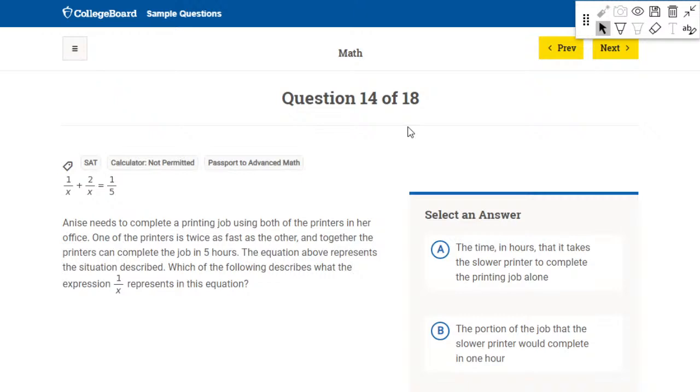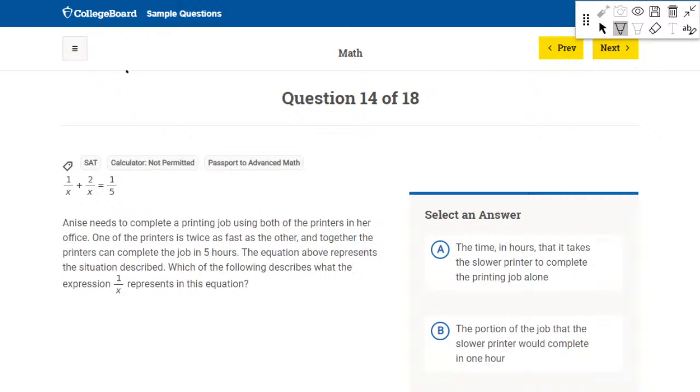The equation above represents the situation described. Which of the following describes what the expression 1 over 2 represents in the equation? To solve this question, we just need to understand how we generally solve this type of question, where some job should be done and someone is doing the job faster or slower. What do we write?